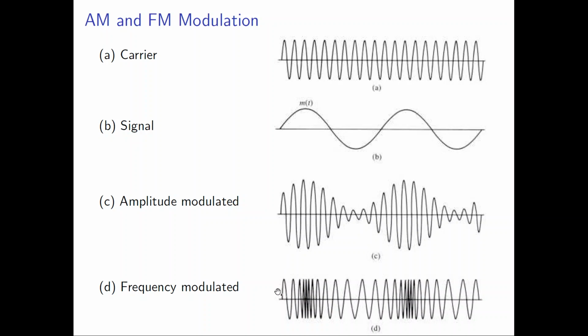Frequency modulation: you change the frequency of the carrier, high or low, based on the message signal. For example, when you have high message signal amplitude, you choose, for example, low frequency. Low frequency means the oscillations are far from each other.